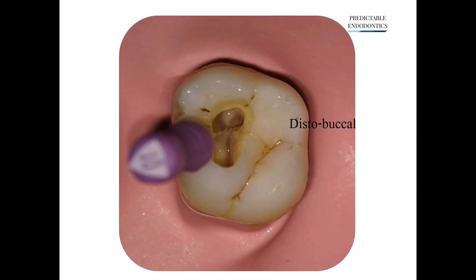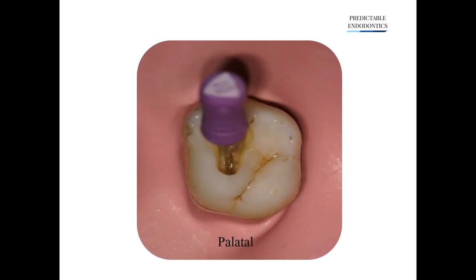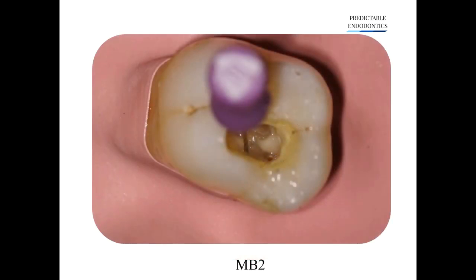From this stage, you will be able to put your scouting file into the distobuccal, the mesiobuccal, the palatal, and the MB2 canals. Remember that almost all your maxillary first molars will have the MB2 canal.